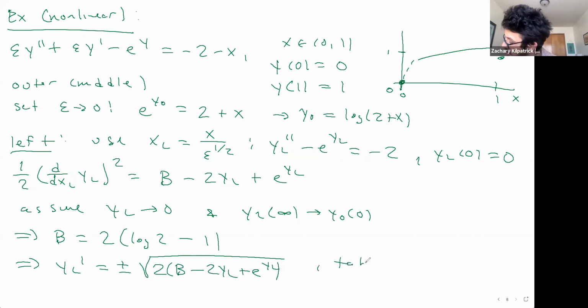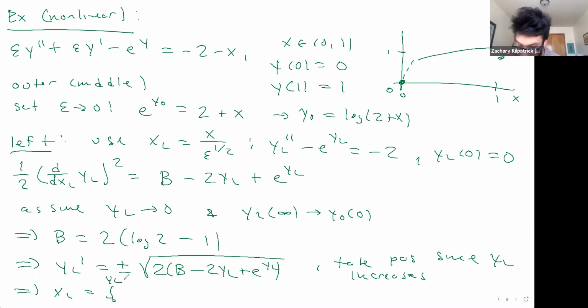And we're going to take the positive since YL increases, okay? And so we just have an implicit solution in this case that XL is equal to the integral from 0 to YL ds divided by the square root of 2b minus 2s plus e to the s. Okay.